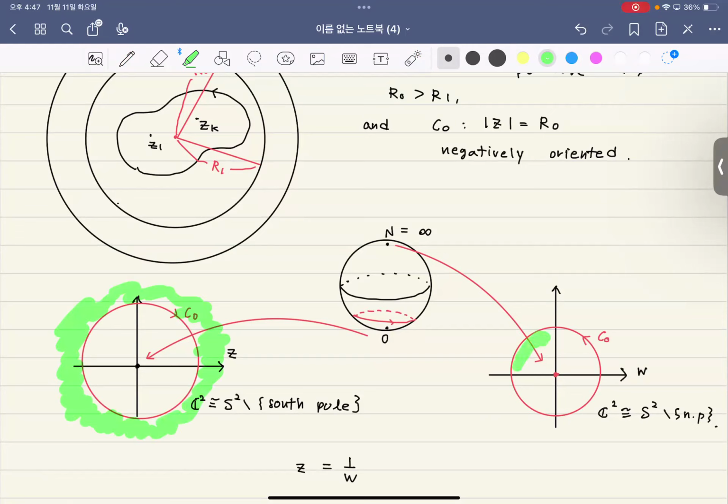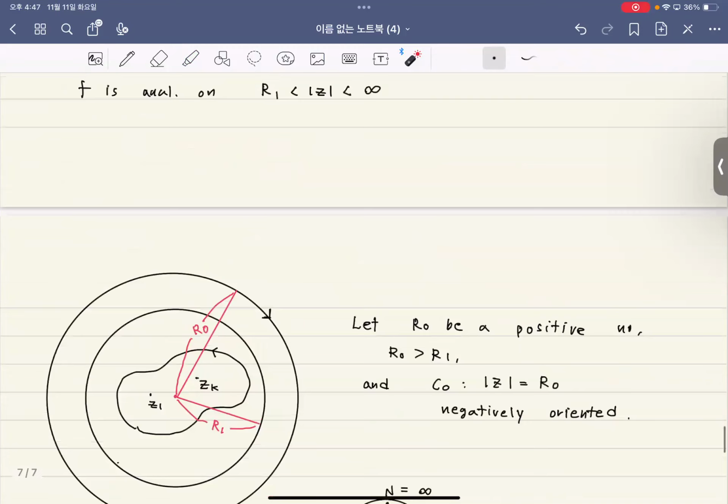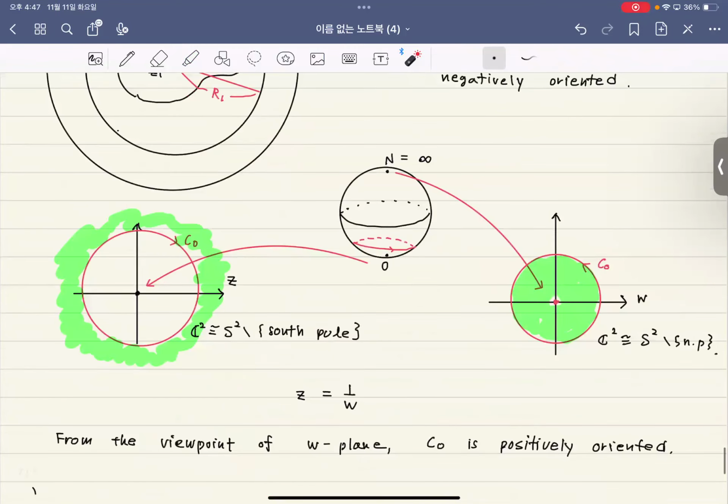From the viewpoint of the w plane, that means my function is analytic on this region. But be careful: being analytic on this region does not imply my function is also analytic at this point, because every z should be replaced by 1 over w.